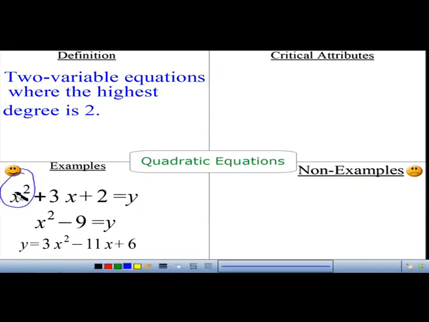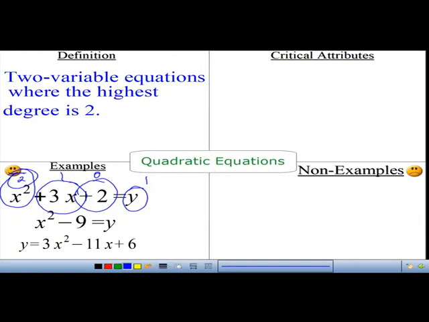We add the exponents on the variables. There's only 1 variable on the first term, so this is 2. What is the degree of this one? There's an invisible 1 on the variable, so this is degree 1. This is 0. This is 1. So what is the highest degree of this equation? The highest degree is 2. That's why it's a 2 variable equation, highest degree 2.